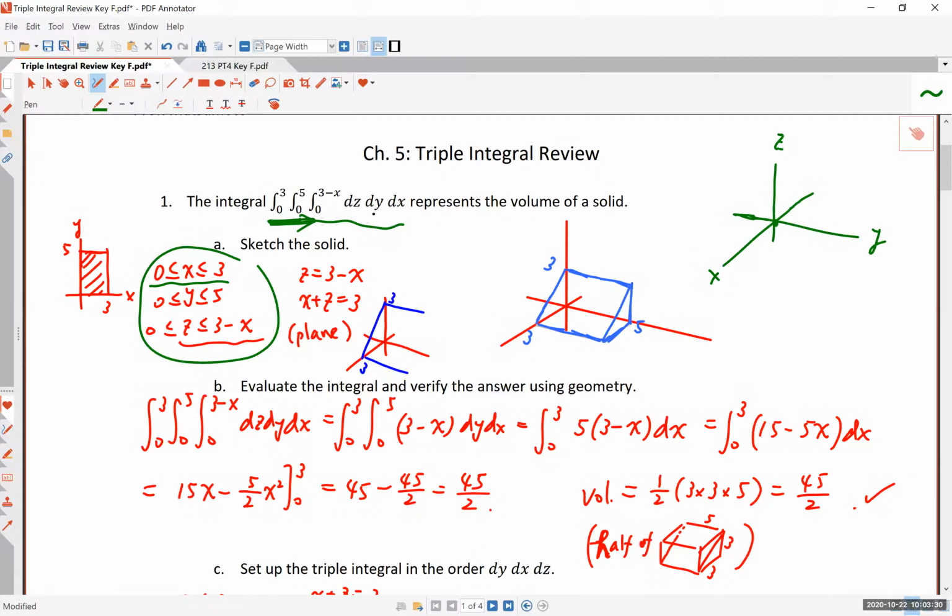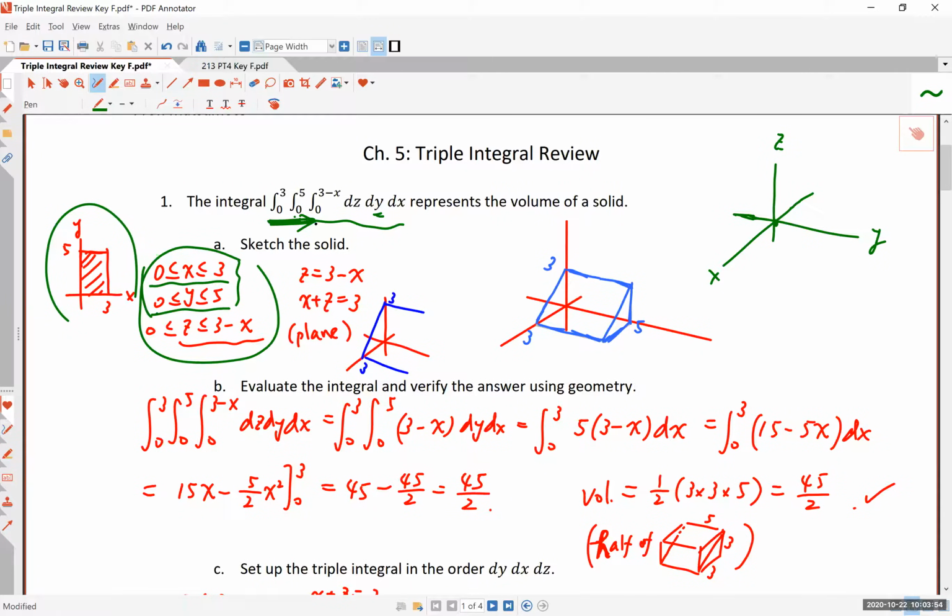y goes from 0 to 5. This is great because x and y are the most familiar variables for us. At this point, I may even draw a picture like this, because this has to involve the rectangular region on the xy plane, since all of these bounds are constant.